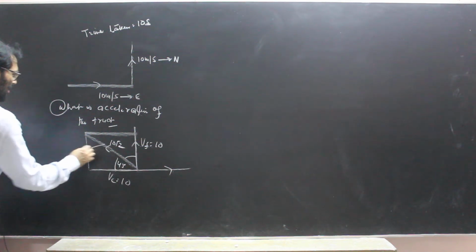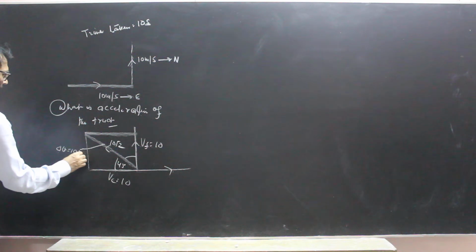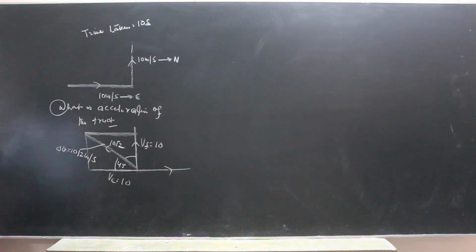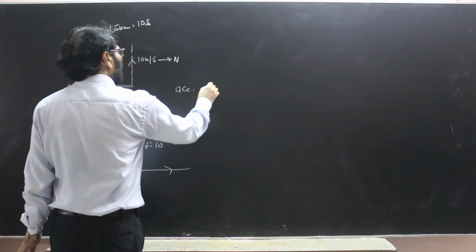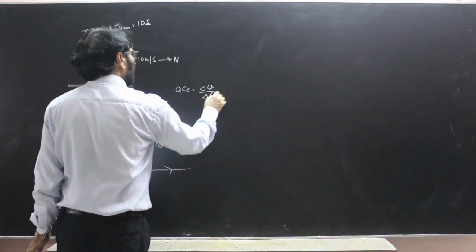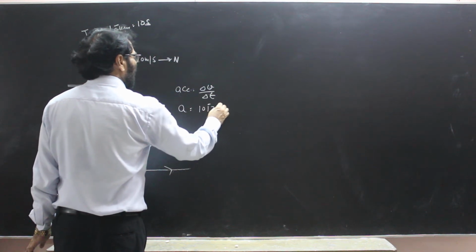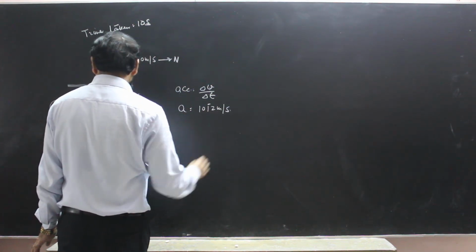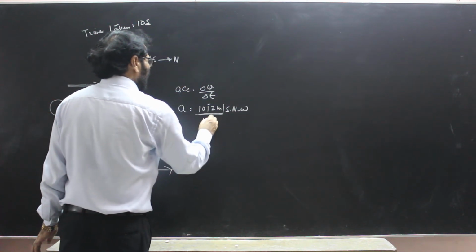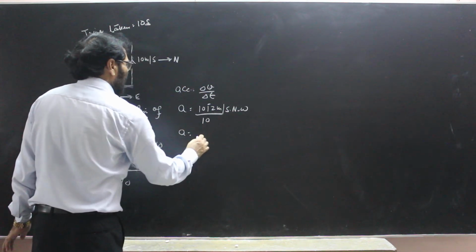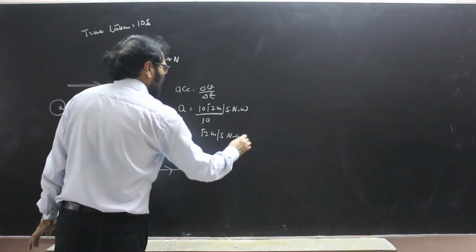So the change in velocity is 10 root 2 meters per second, and the acceleration is delta v by delta t. So acceleration is 10 root 2 meter per second northwest divided by 10, so it is root 2 meter per second squared northwest.